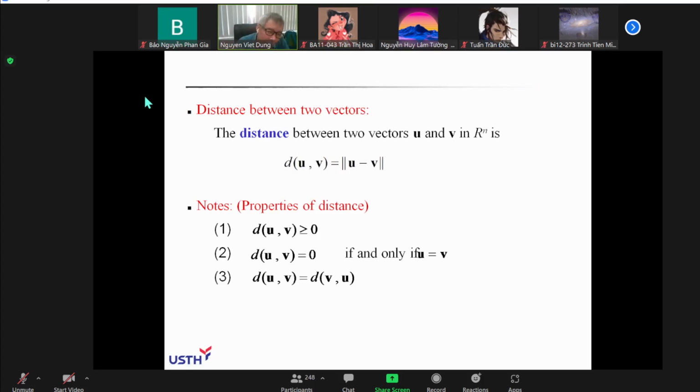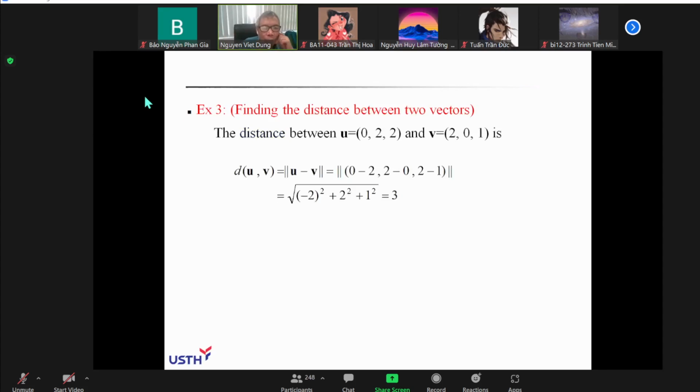You can remember that when we defined the length, we had 4 properties, but essentially only 3, because property number 2 is about the unit vector. Similarly, we have 3 properties for the distance. You can see the distance is non-negative. It equals 0 if and only if u and v coincide with each other. And d(u,v) equals d(v,u).